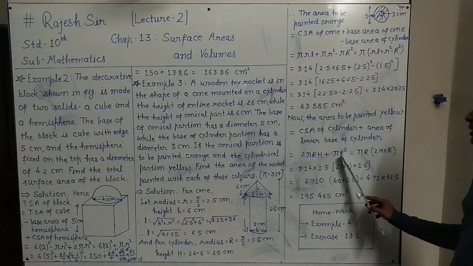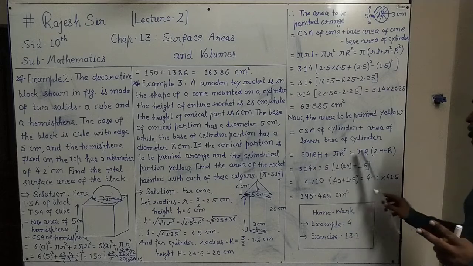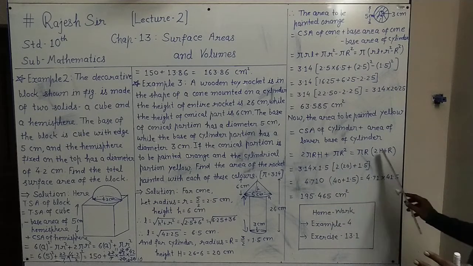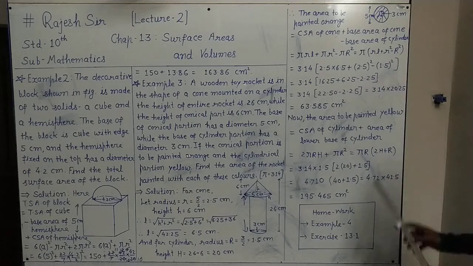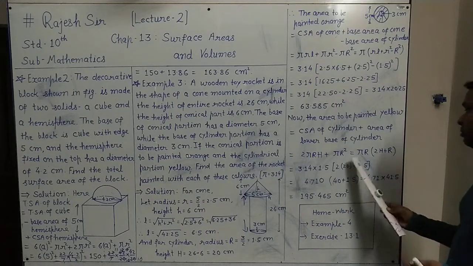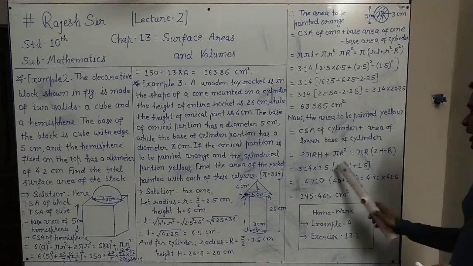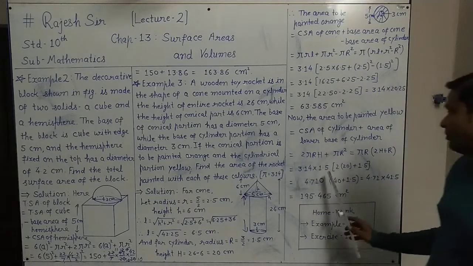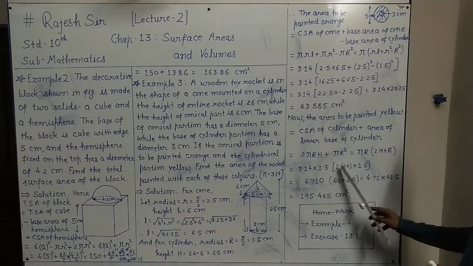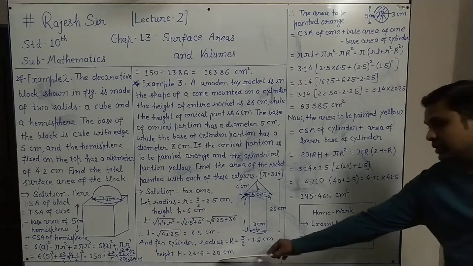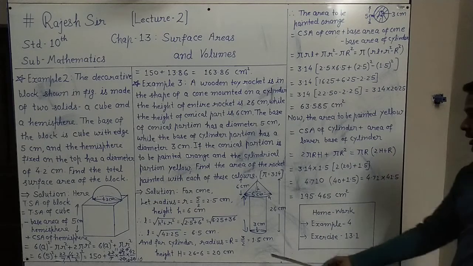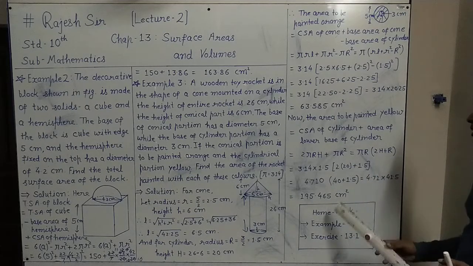Now from both these two terms, pi R is common. So remaining is 2 capital H plus 1 R here. Now place values: pi is 3.14, into R, the radius of the cylinder, 1.5, into the bracket 2 into H, the height of this cylinder, 20, plus capital R, again the radius of the cylinder, 1.5.